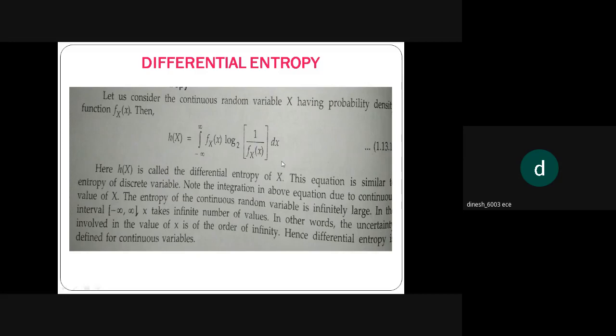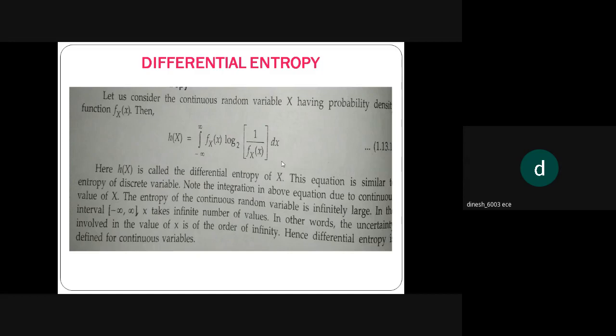So this we call the uncertainty value of x in the order of infinity.